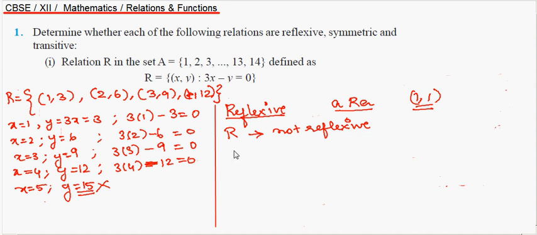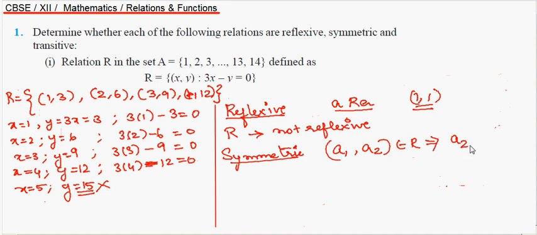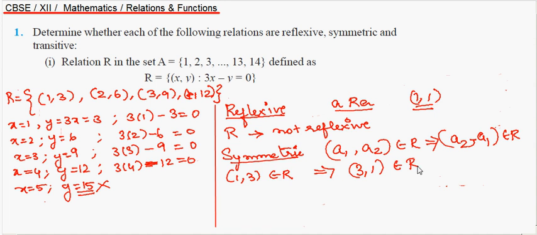We'll next move on to symmetric. What does this mean? Symmetric is, if I take any element which belongs to the relation, a1 comma a2, this implies that a2 comma a1 is also in the relation, then you say that it is symmetric. Suppose I take, for example, 1 comma 3 which belongs to R, then 3 comma 1 should also belong to R, then only it is symmetric.